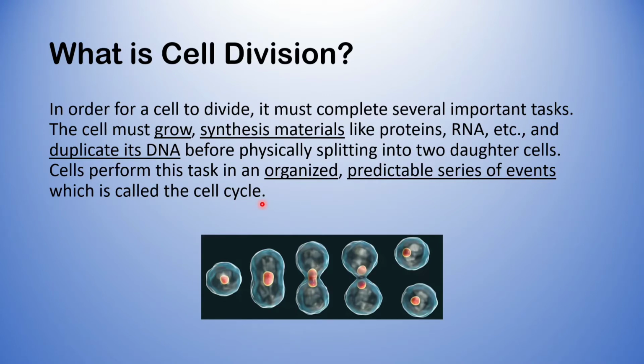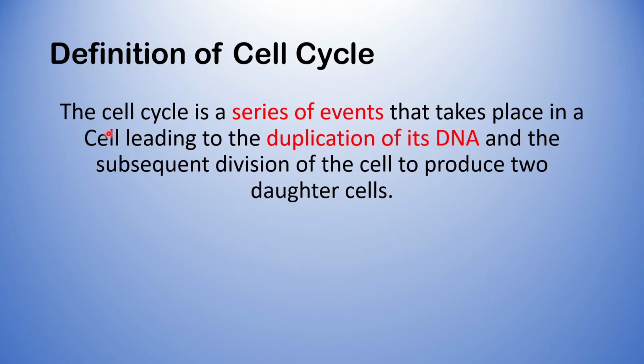The cell cycle is a series of events that takes place in a cell leading to duplication of its DNA, that is the replication of DNA, and the subsequent division of the cell to produce 2 daughter cells.